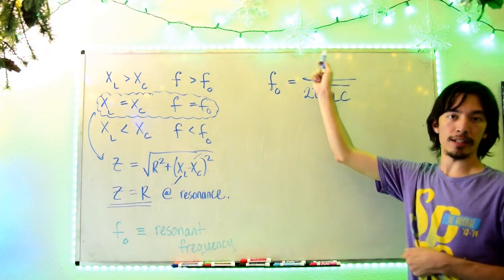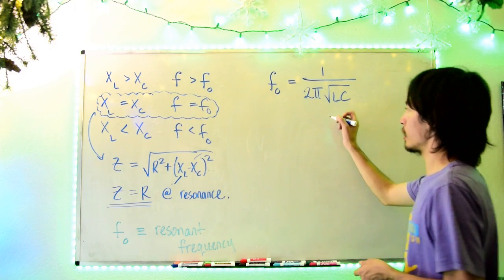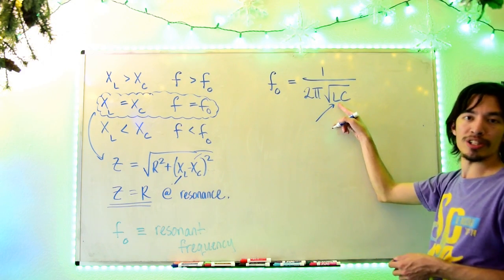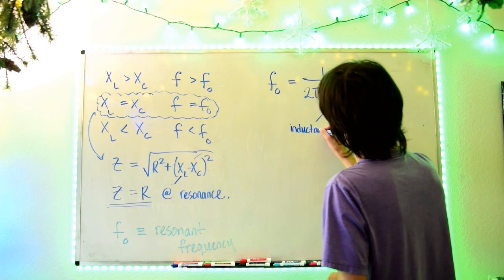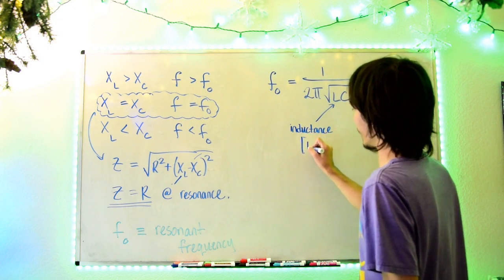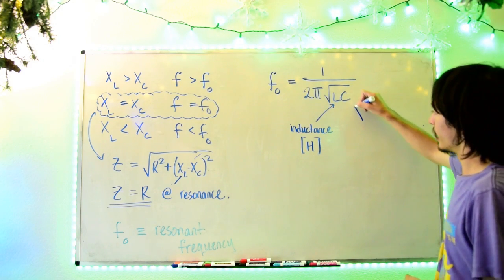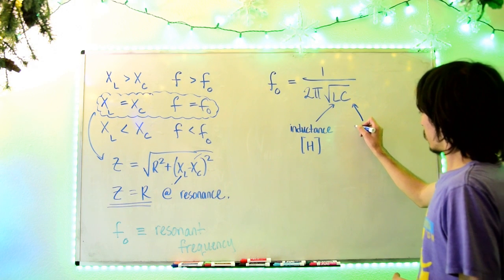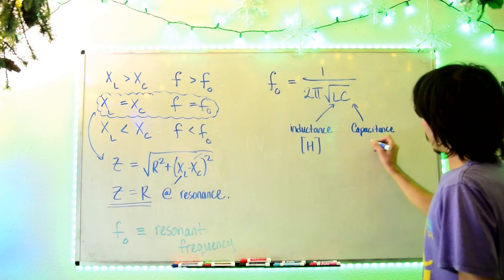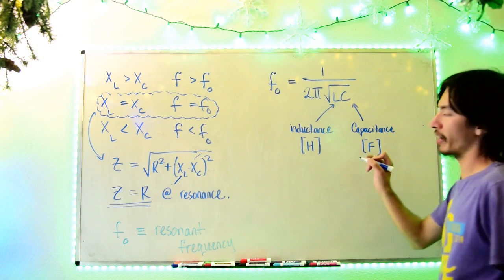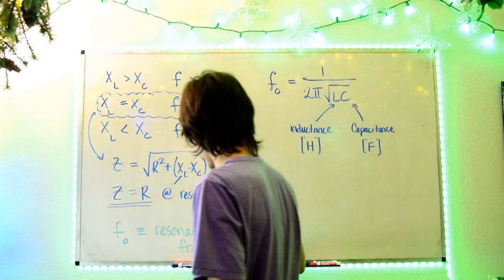Okay, so you can use this to figure out the resonant frequency, but you need to know the value of L, which is the inductance. And the inductance is measured in henries, abbreviated with H. And the capacitance is measured in farads, abbreviated by F. Okay, so those are all your standard units to calculate that.